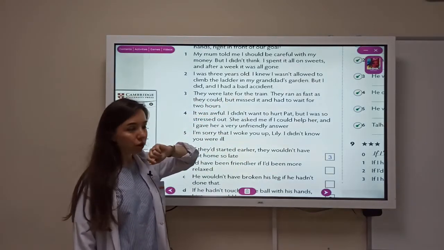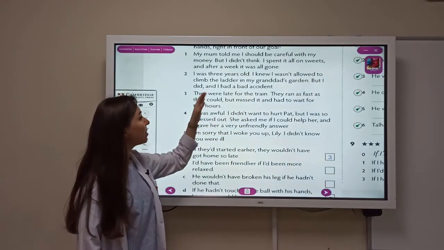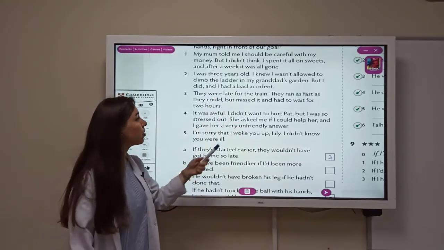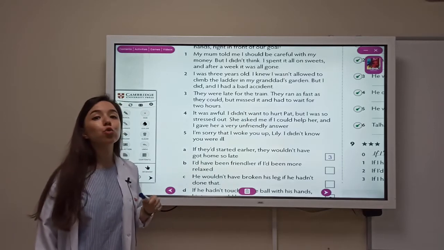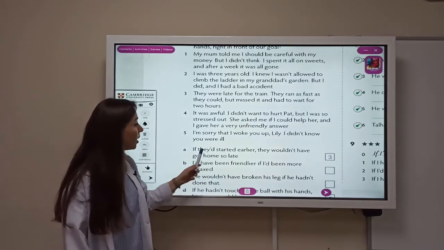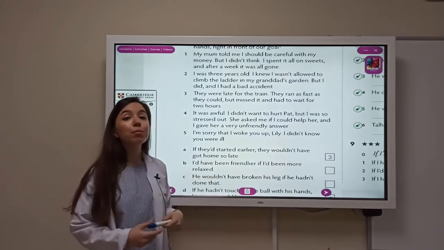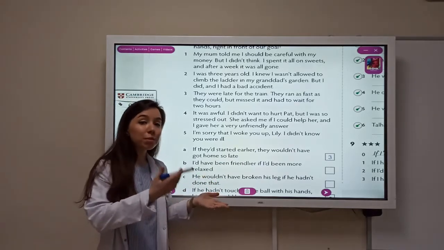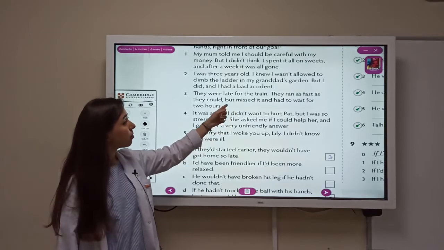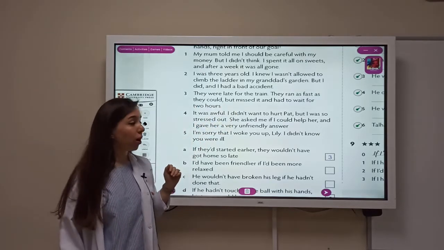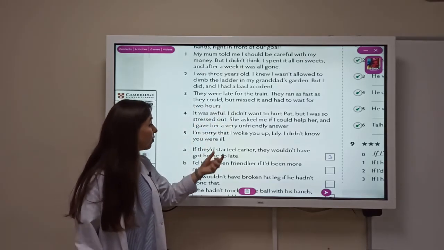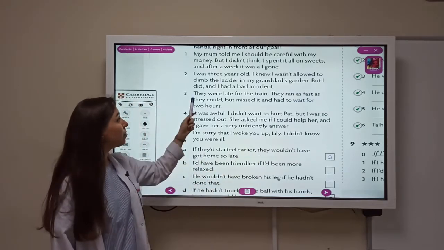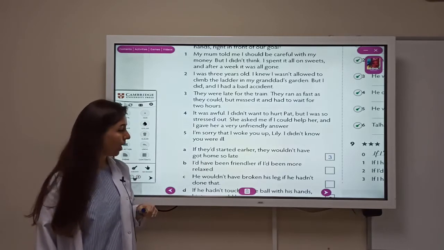They were late for the train, they ran as fast as they could but missed it and had to wait for 2 hours. So, if they had started earlier, they wouldn't have got home so late. Because of that, number 3 is matched with A.